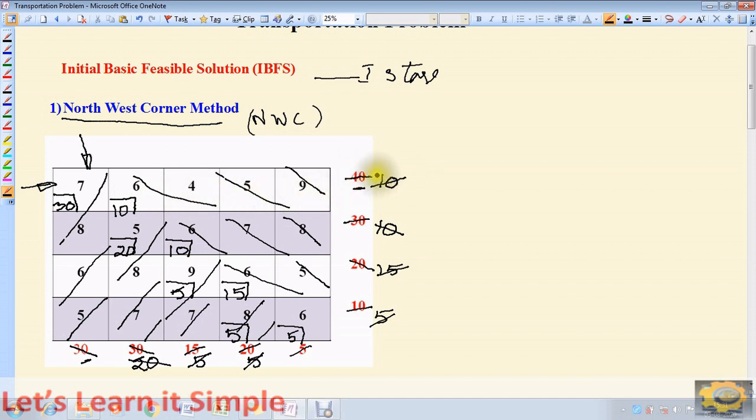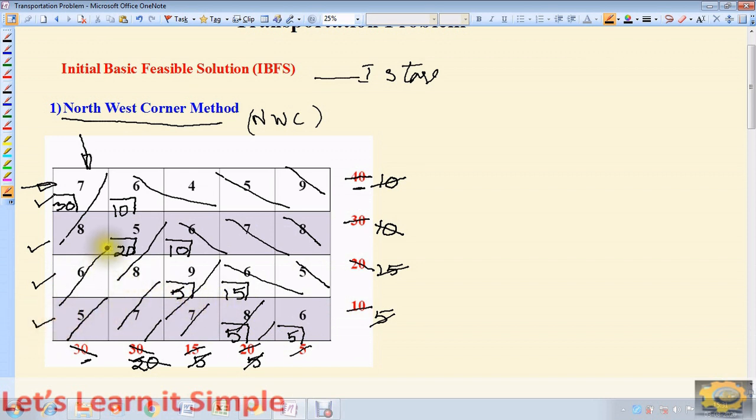So first row done. In the second row, 20 plus 10, originally it was 30. Done. In the third row, 5 plus 15 is 20 originally. So this is also done. In the last row, we have 5 plus 5, it was 10. So row wise it is satisfying.